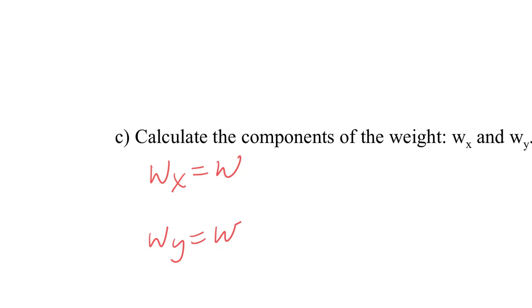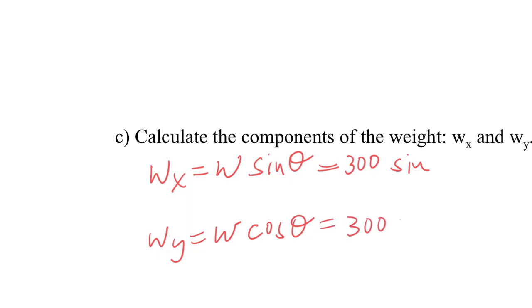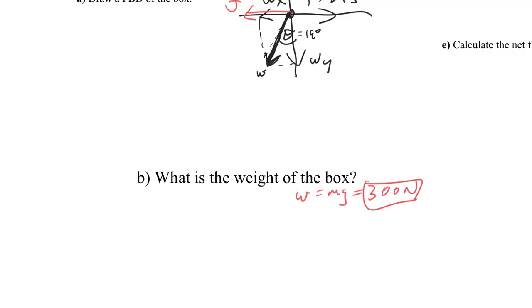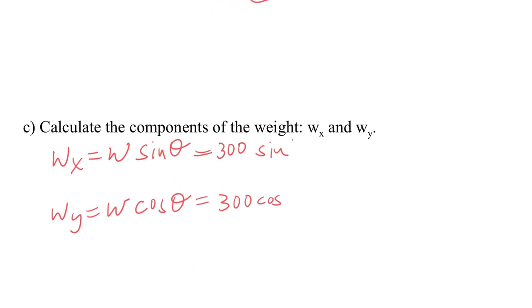This is the x-axis, so it's W sine of theta. The other one's W cosine of theta. So 300 times sine of the angle, which is 19 degrees. So I just calculate those two components.